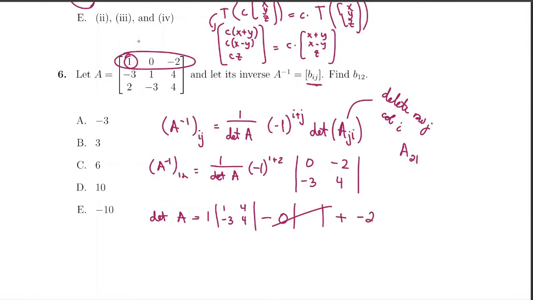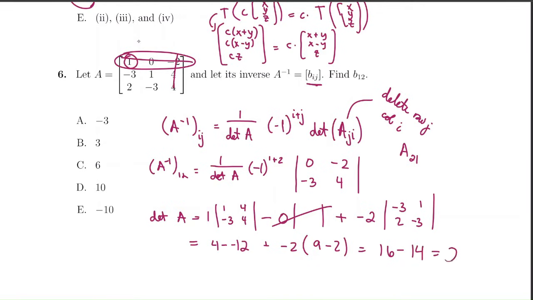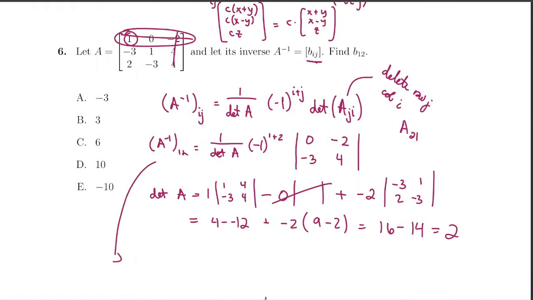And then plus -2, delete the row and column it's in: -3, 1, 2, -3. So that's going to be 4 minus -12 plus -2 times 9 minus 2, 16 minus 14, just 2.